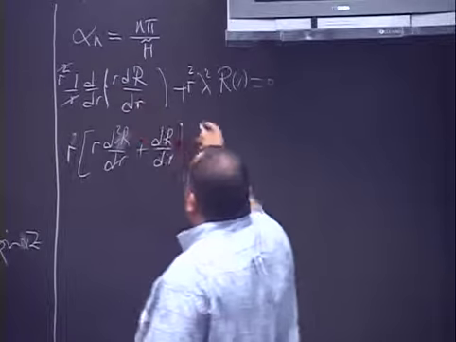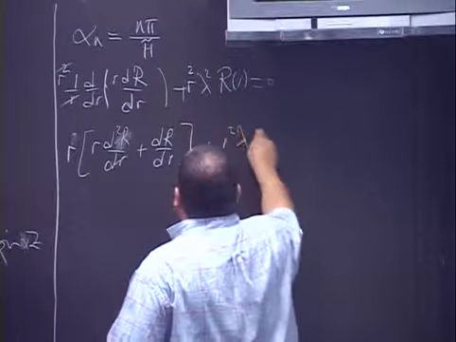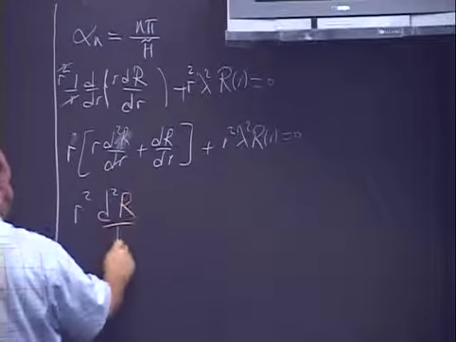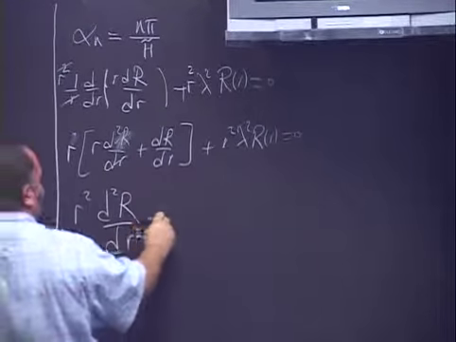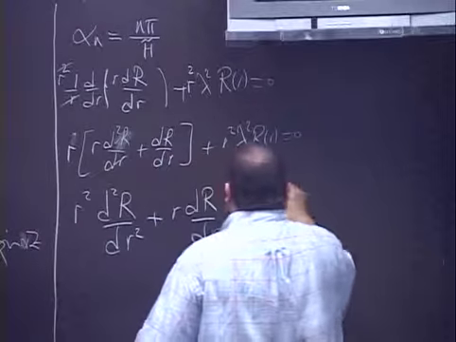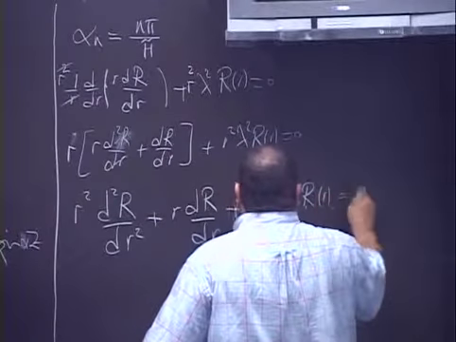So r square d2R by dr square plus r dR by dr plus r square lambda square multiplied by R equal to 0.